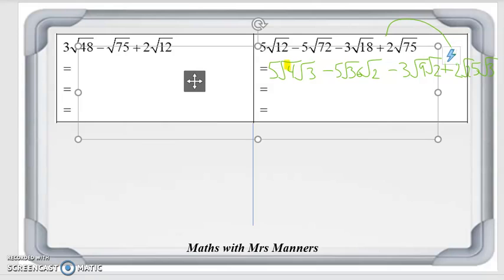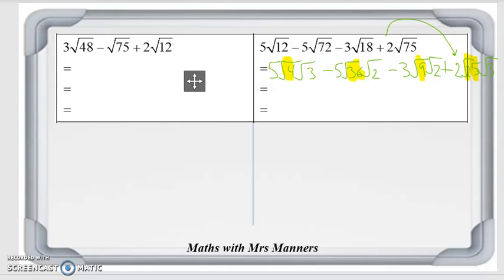Now I'm going to reduce all these surds. They need to turn into nice integers. I might do it down here so I've got more space. 5 times, well, the root 4 is 2. Then I've got 5 times root 36 is 6. And that root 9 over here is going to be 3.